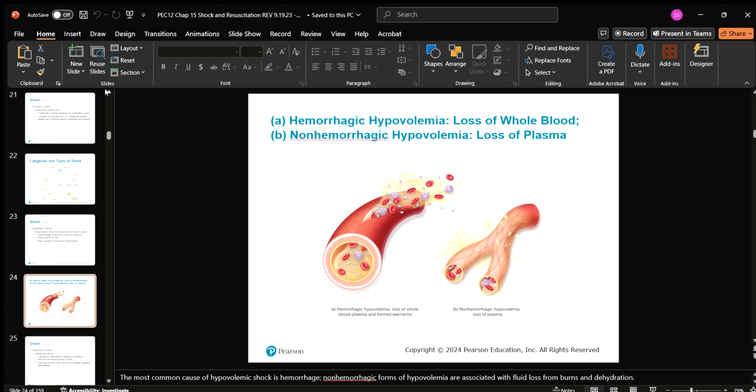When we lose plasma from our capillaries due to burns. There's also just good old-fashioned dehydration, somebody just not drinking or eating enough. It can go on long enough that they eventually go into non-hemorrhagic hypovolemic shock.